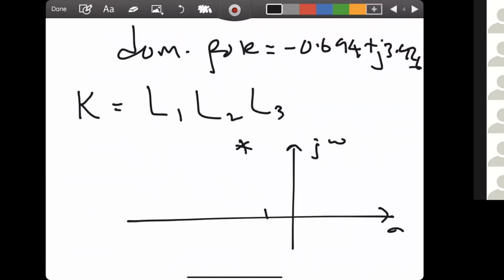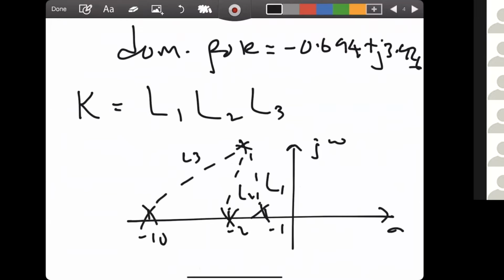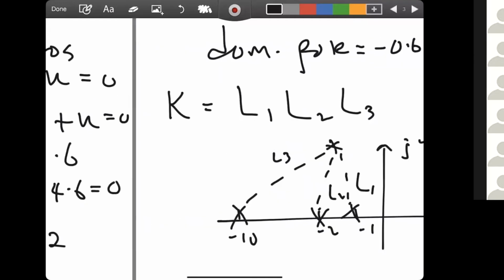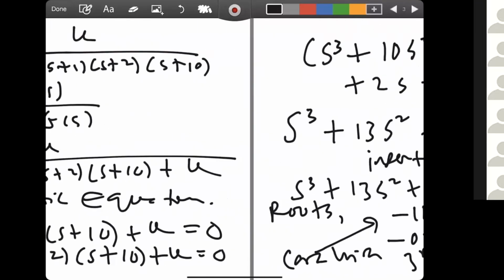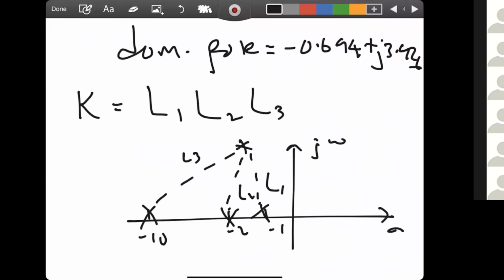Okay. -1, -2, -10. Ada dua cara. Satu guna formula, yang ini K magnitude. Satu lagi pakai length. Okay.